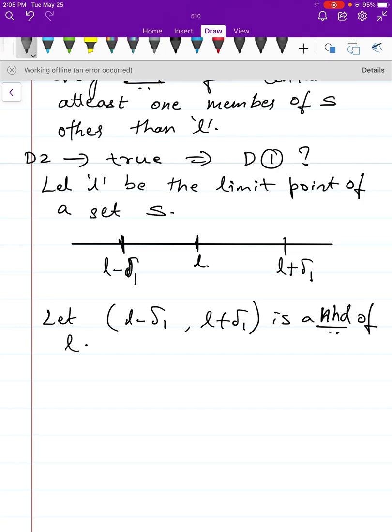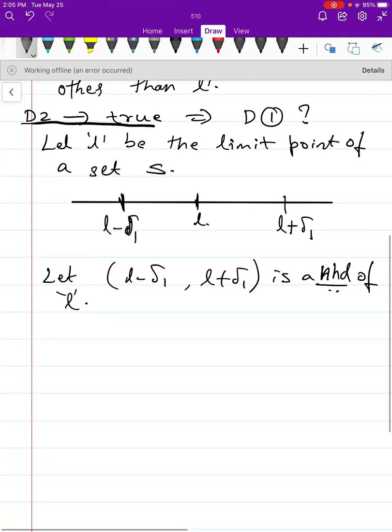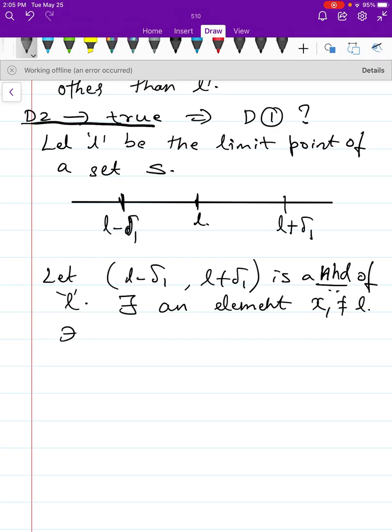Correct? Since L is already a limit point and definition 2 is true, there exists an element different from L, that is x1 not equal to L, such that x1 will belong to the neighborhood. Correct?